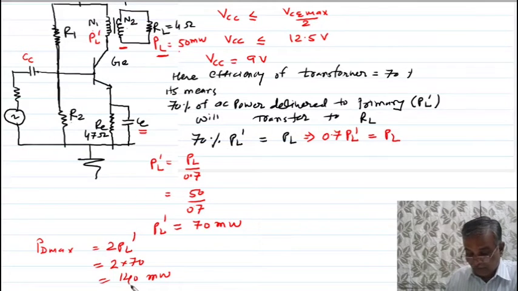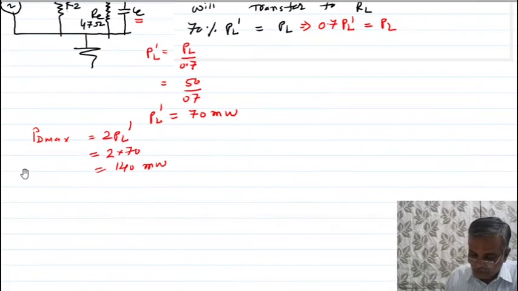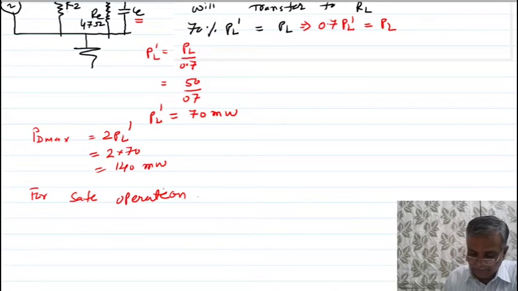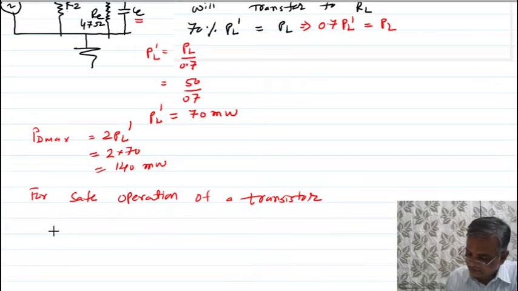Remember this: for a safe operation of a transistor, PD max should be less than PT.